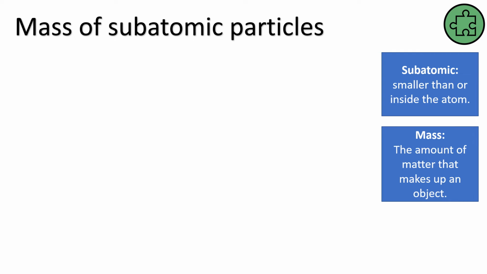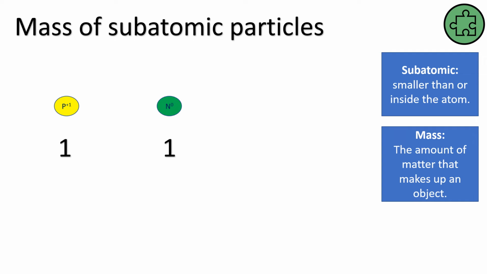So for example, a proton, we say, has a mass of 1. We can't give it a unit. It has a mass of 1. If we compare it to a neutron, they are the same size. Neutrons also have a mass of 1. They are the same size, so we've given them the same number for the mass.